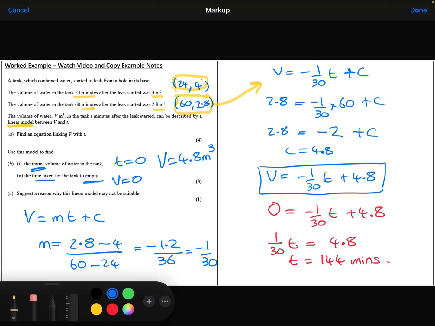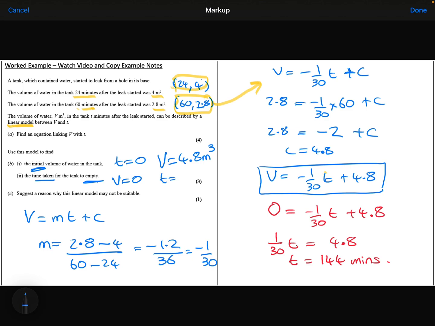So that is the time taken for the volume to become 0, the time taken for the tank to empty.